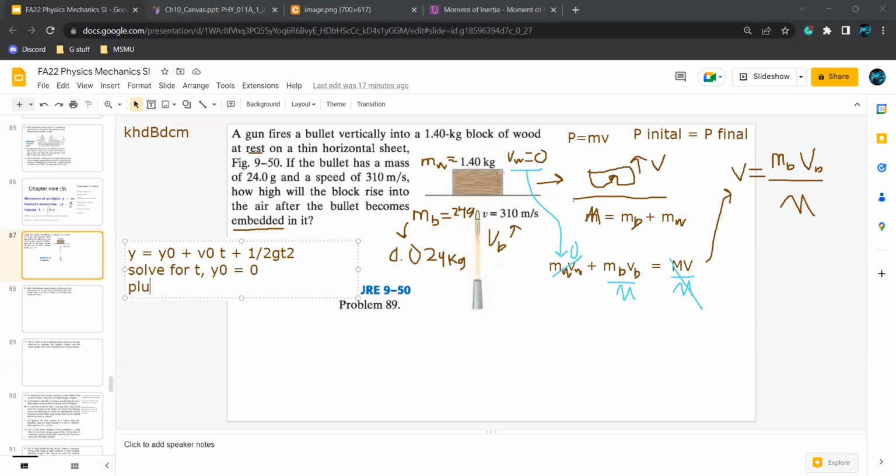Then plug in. No, because then you still need the final one. You're going to plug it into this one. And you're going to use V is equal to V naught plus AT. And A is equal to gravity.